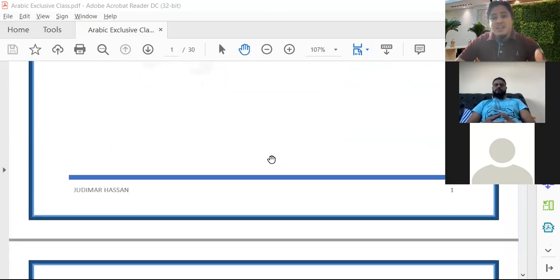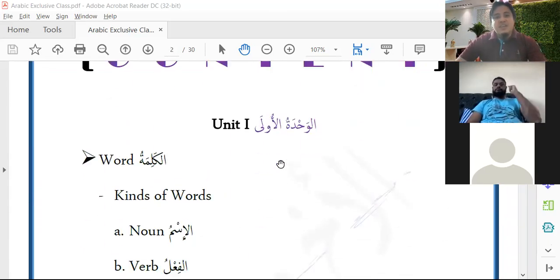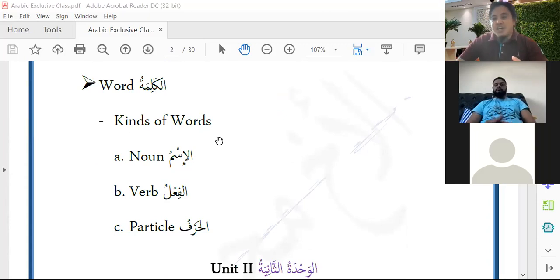So as I sent you this module, you can see here we have the content of learning the word in Arabic, the kinds of words in Arabic, and of course we can compare this subject to the English subject, how we learn English, and now how we are going to be learning the Arabic language according to the Al-Quran Al-Karim.